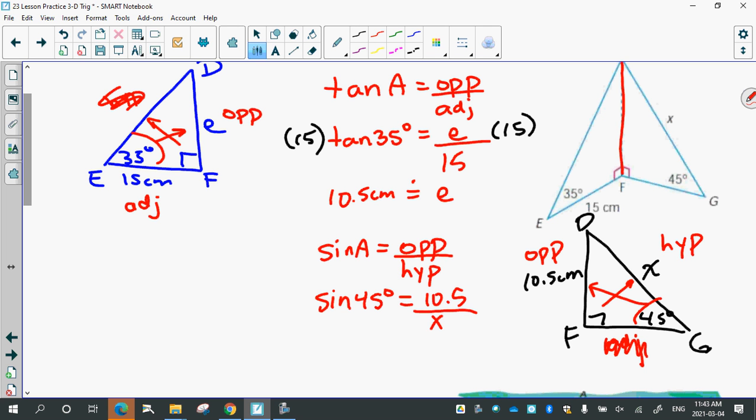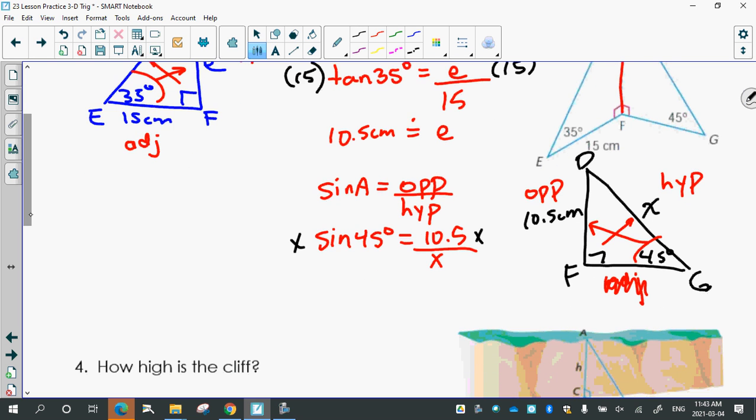To get x into the numerator, I have to multiply both sides by x. Then I get x times the sine of 45 degrees equals 10.5.